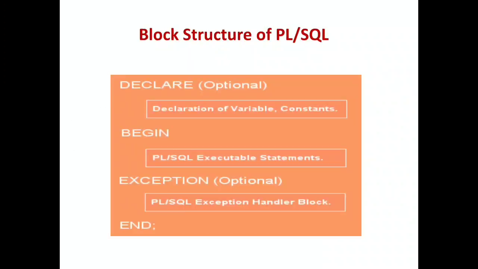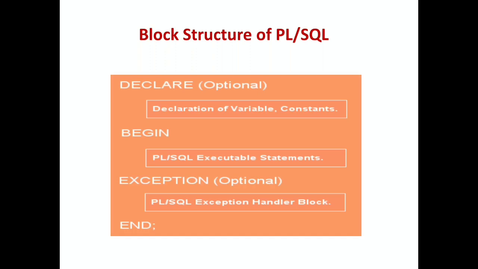Now we will see the block structure of PLSQL. Means how a PLSQL program can be written. There are 4 blocks in the PLSQL block structure. First is declare, second is begin, third is exception, and fourth is end. Now the first part is declare, which is optional.